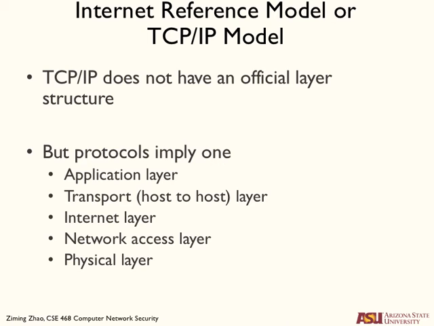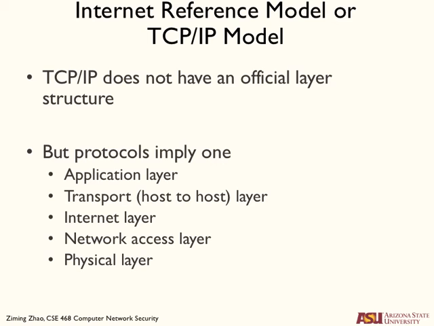For example, we have an application layer like HTTP, and we have a transport layer. Some papers call the transport layer the host-to-host layer, because it's like you are sending a mail to someone directly, so everything below that is transparent to you.